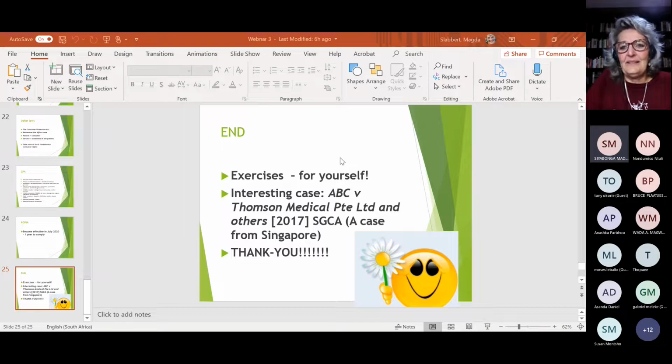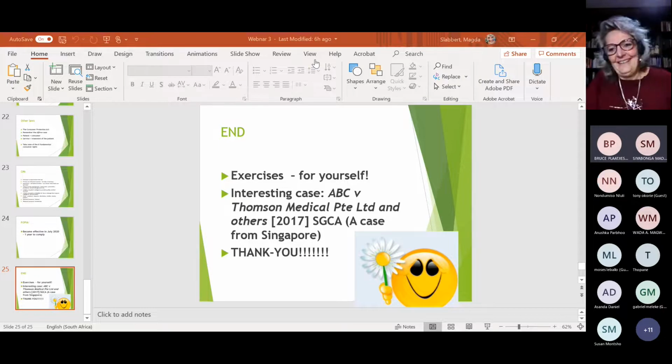Bruce, your hand is up, but is it a historical hand or is it a new hand? Hi, Prof. No, it's a new hand. It was up earlier just about the one about the children between 0 and 7, because in criminal law, those children would then be considered criminally incapacitated, and between 7 and 14, it's limited criminal capacity.